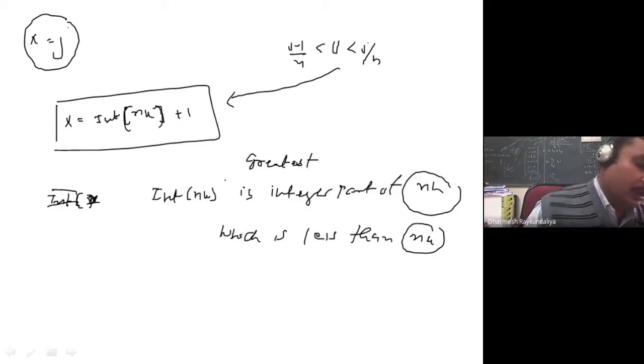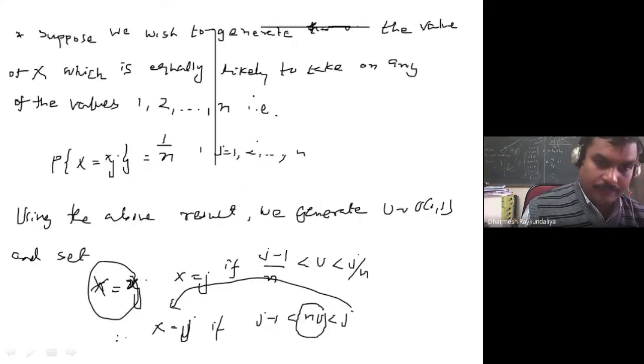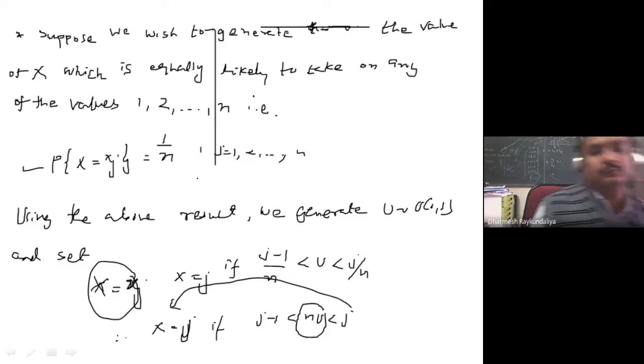If you wish to generate discrete uniform random numbers when the discrete uniform probabilities are given to you, this is the example. The probability is equally likely, and whatever the xj, they are said to be discrete uniform random numbers.